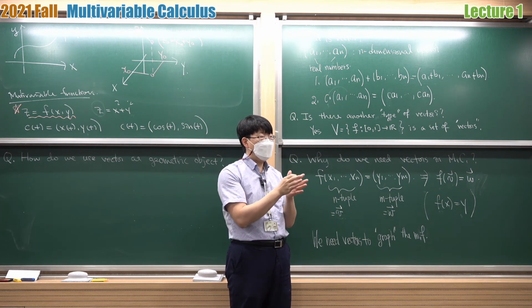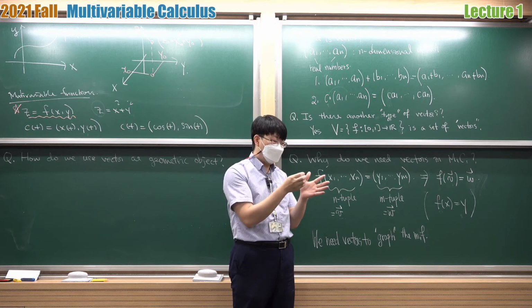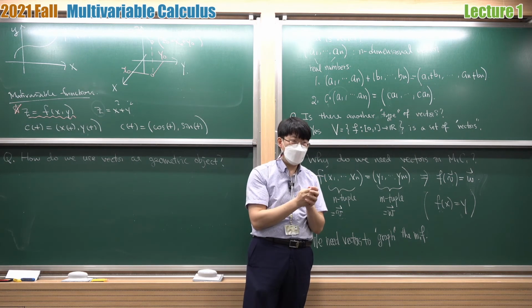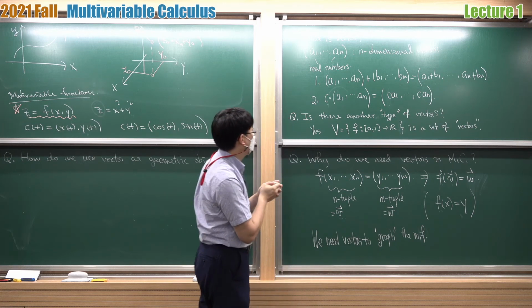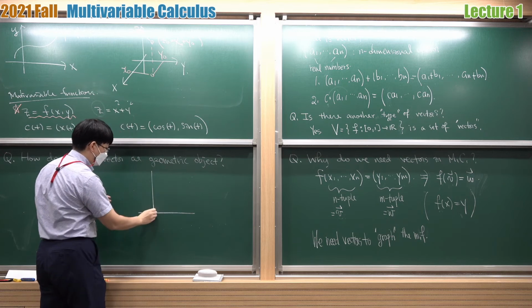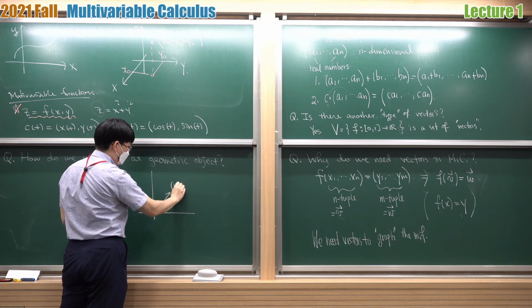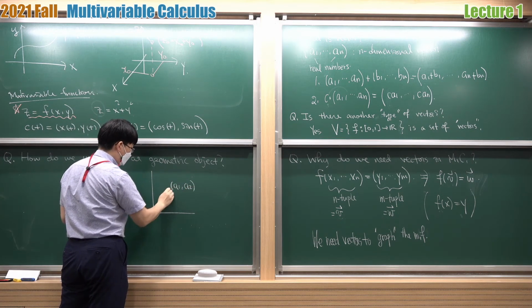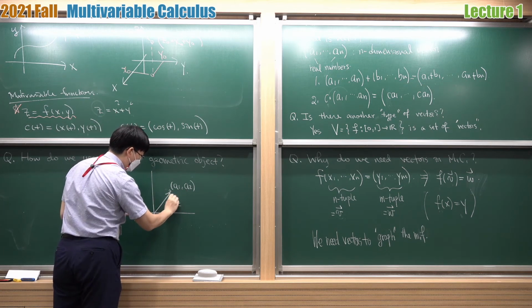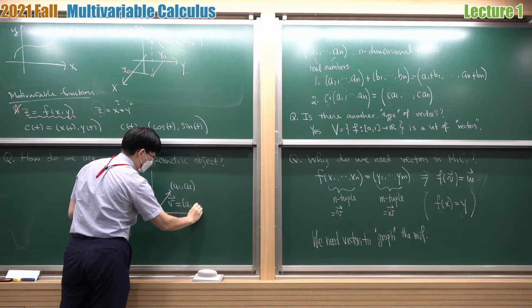You can consider it as an arrow starting from the origin to the point having the same coordinates as the vector coordinates, here A1 and A2.